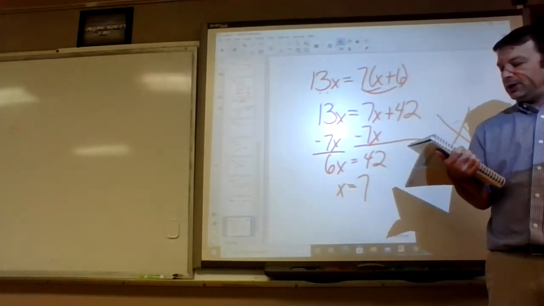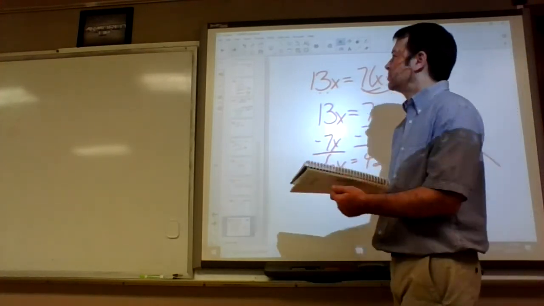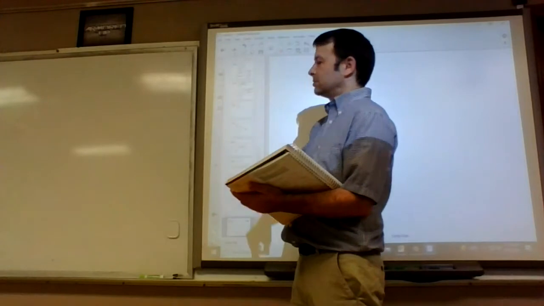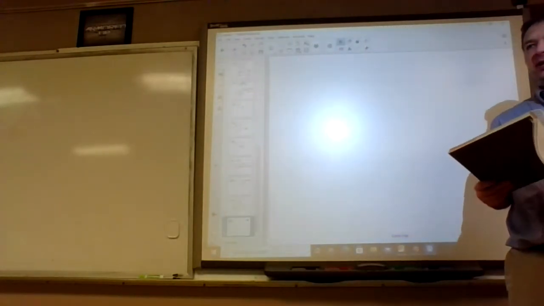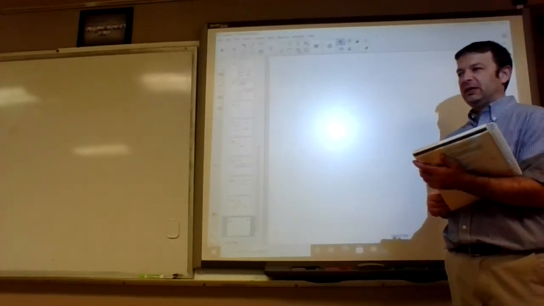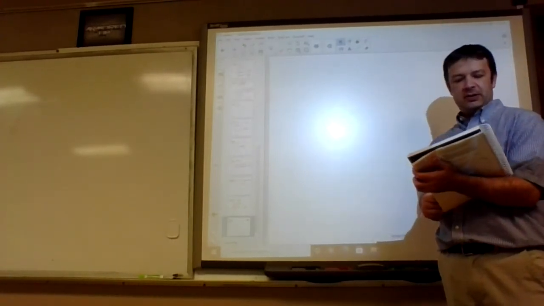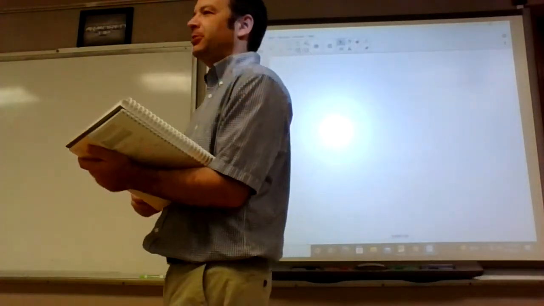Okay, 23. What do I know about those two angles? They equal 90. What do you mean they equal 90? I mean equal a right angle. The big angle is 90, so what can we do with that?